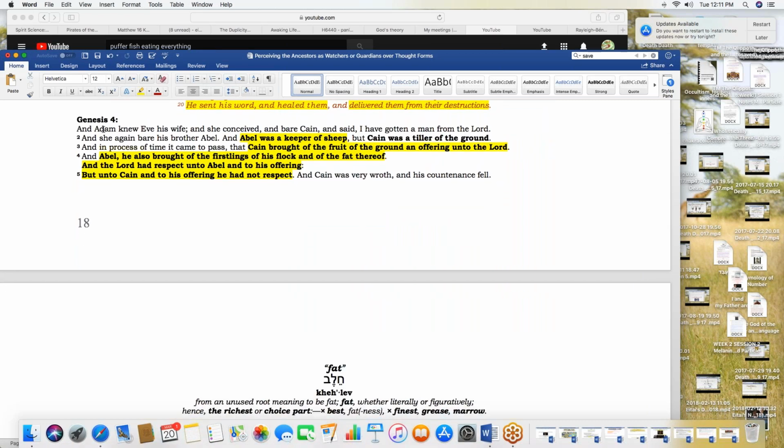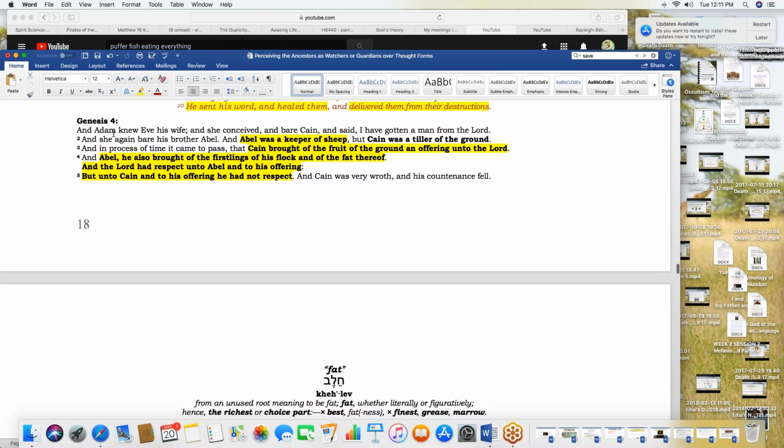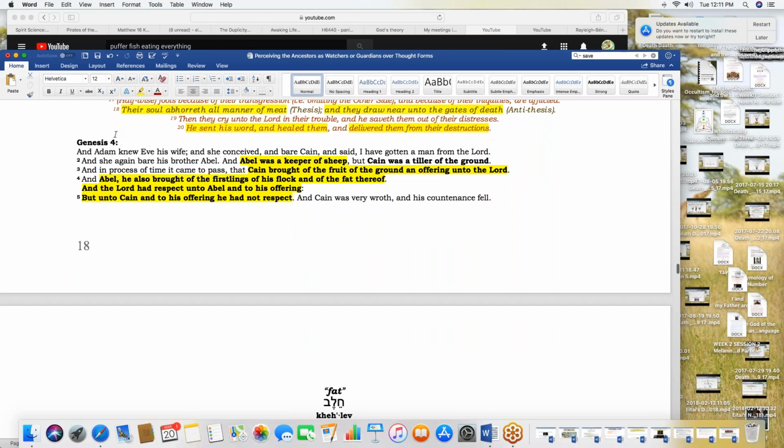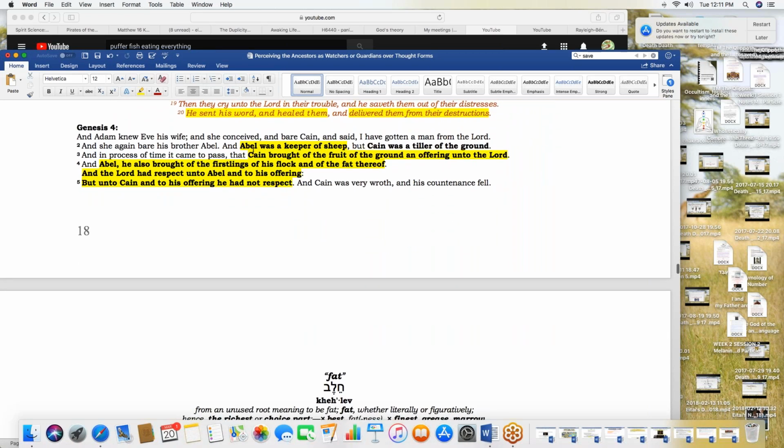So again, we see the paradox even early on in Genesis 4, where Abel was the keeper of the sheep, Cain was the tiller of the ground. So we have what? A carnivore and a vegan, or at least an herbivore.